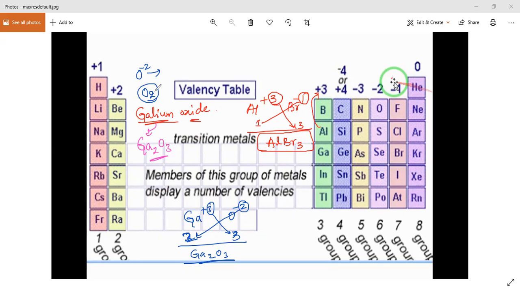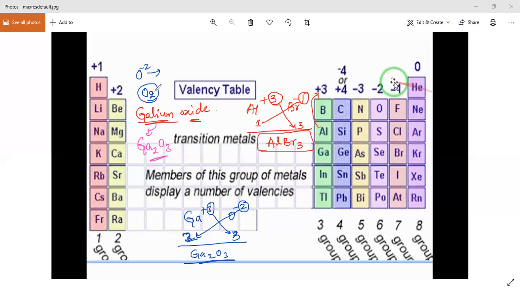I have a doubt. If valency cannot be negative, then how does oxygen have -2? Very good. It is not the valency, it is the charge on the oxygen, or we can say the oxidation number. That's what I asked you, right? What is the meaning of oxidation number?